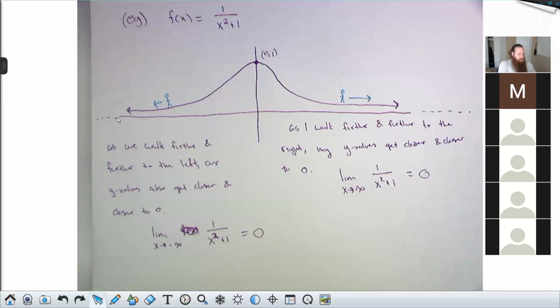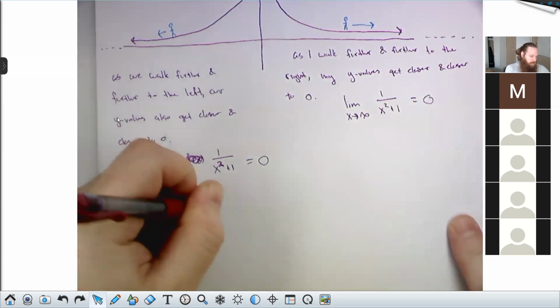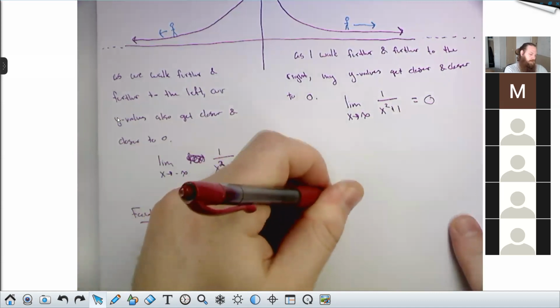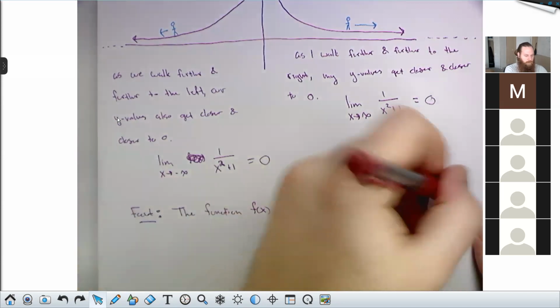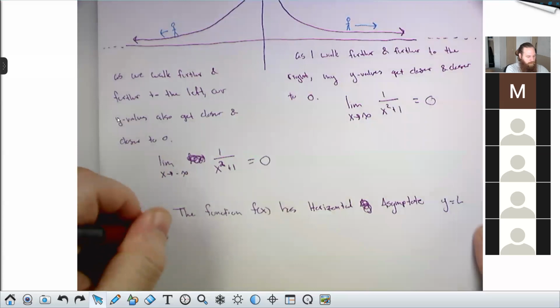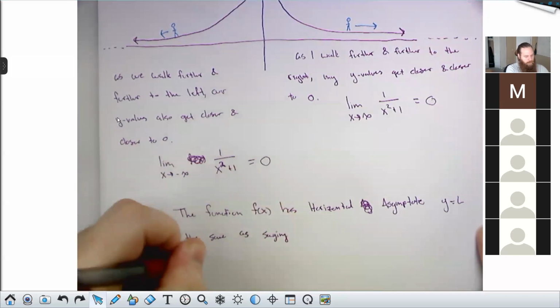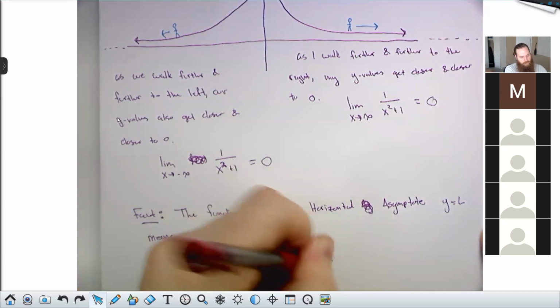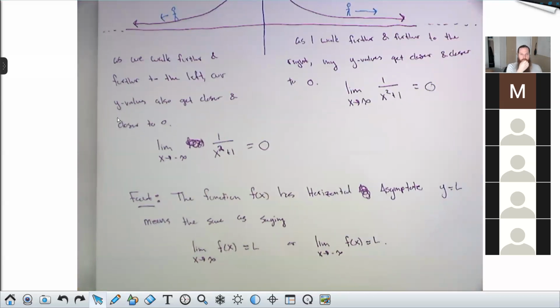Okay, so here's a fact. The function f of x has horizontal asymptote y equals L means the same thing as saying the limit as x goes to infinity of f of x equals L, or the limit as x goes to negative infinity of f of x equals L. And it's possible for a function to have two different horizontal asymptotes, right?